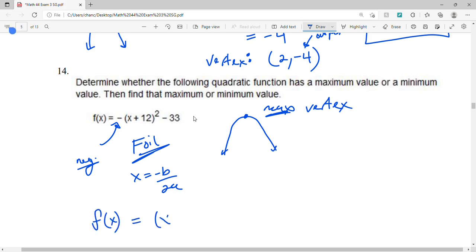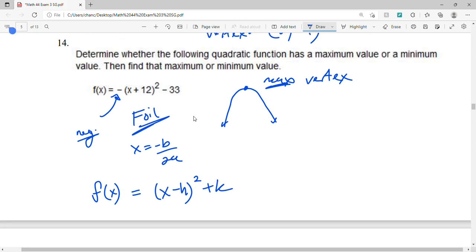It's already in x minus h squared plus k form. So all we need to do is read off the vertex. The vertex is the point h, k, which is negative 12, comma, negative 33.